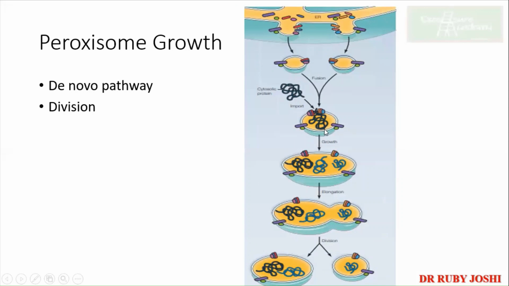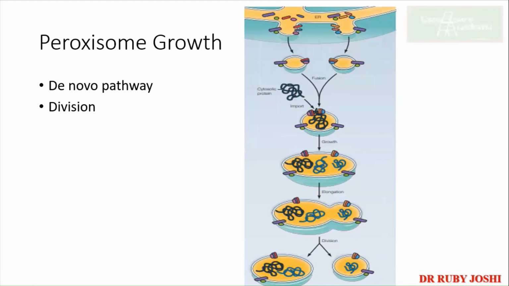अब क्या होगा इसके बाद they keep on growing. So what does growing mean? More lipids will be added, more proteins will be added, correct? Then, like a bacterium, it will divide, and then you will have two copies of the peroxisome. This is how the number of peroxisomes increases in the cell.